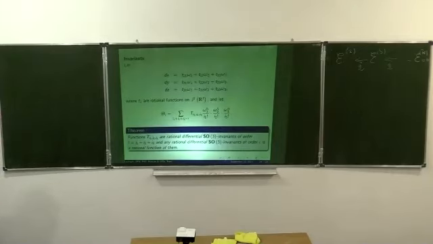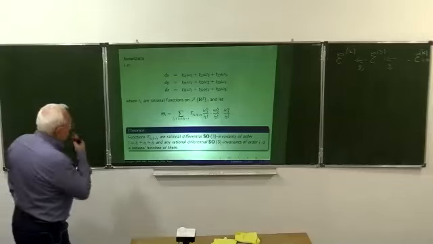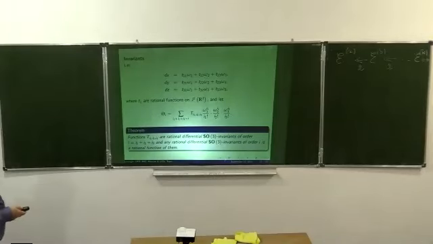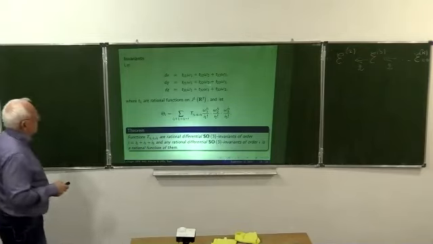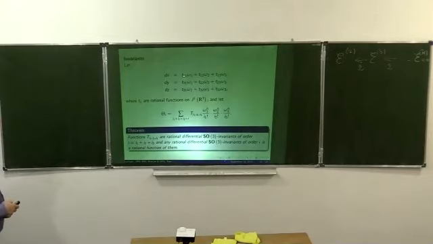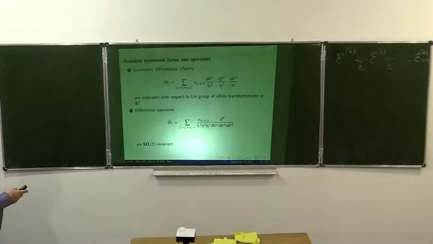Okay, now let's make the first observation. We take our coframe omega 1, omega 2, omega 3, and the standard coframe dx, dy, dz can be expressed in terms of the omegas. If you take this expression and put it into the expression for theta i, then instead of dx you will get an expression in omegas.